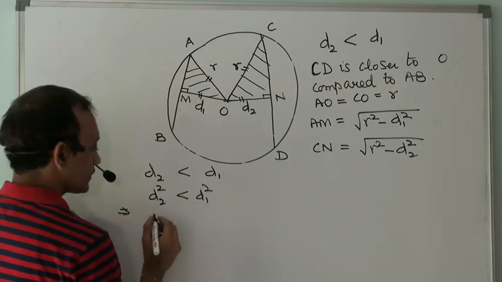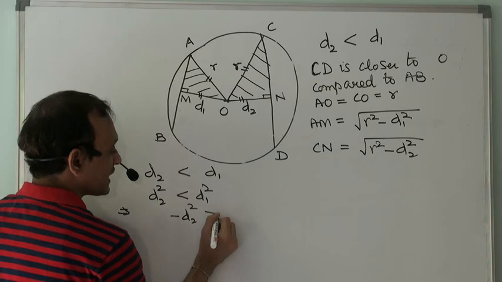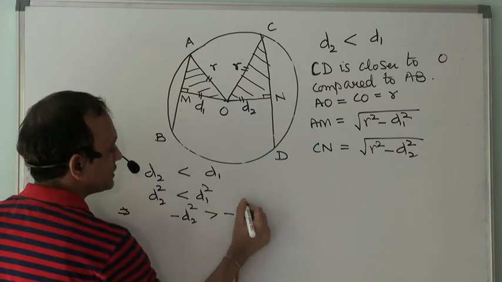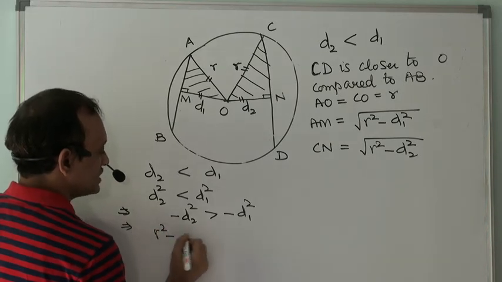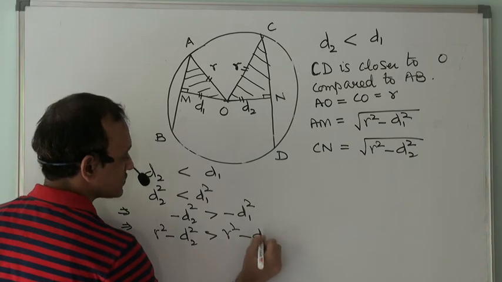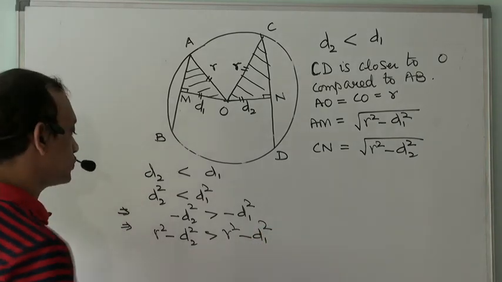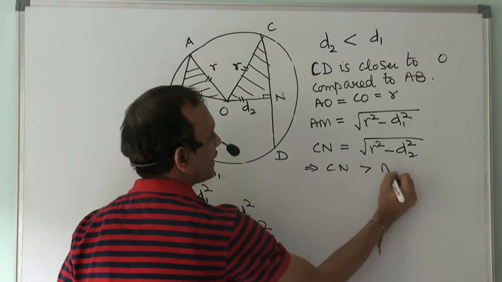Then minus d2 squared must be greater compared to minus d1 squared, right? Which means r squared minus d2 squared must be greater than r squared minus d1 squared. Which means CN must be larger than AM.